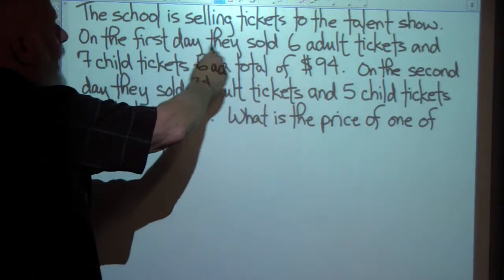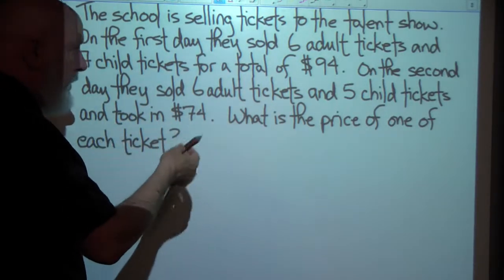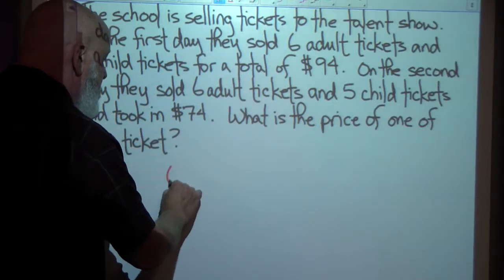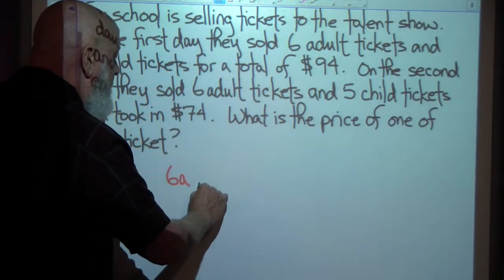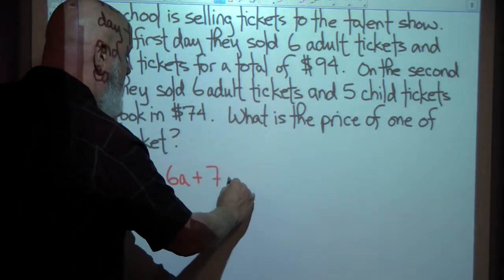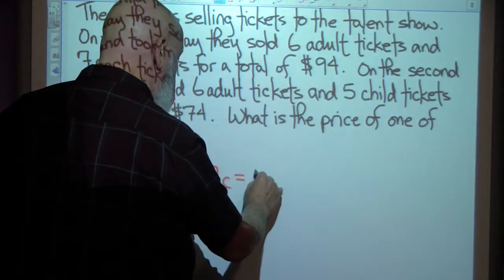I'm going to call adult tickets A and child tickets C. I'm going to just pick a variable for them. I'm going to say 6 adult tickets plus 7 child tickets adds up to $94.